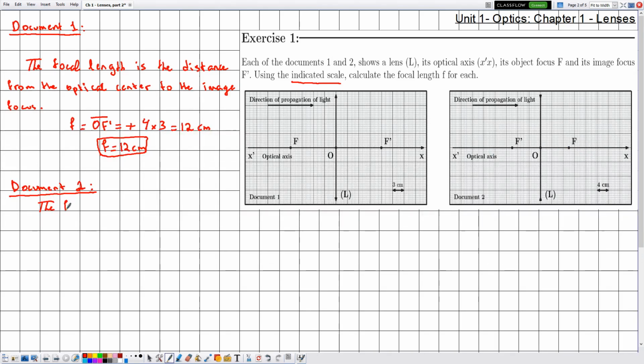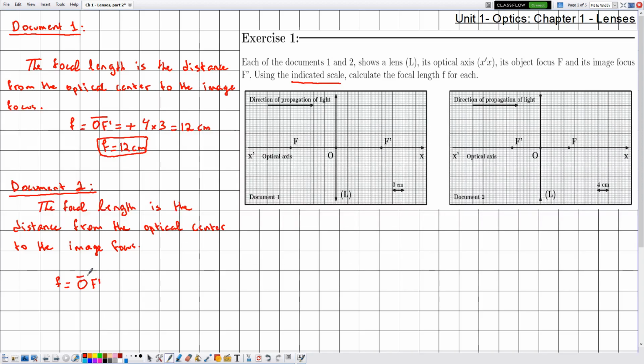The focal length is the distance from the optical center to the image focus. So the focal length is denoted by small f, and it is the distance from the optical center, which is the point O, to the image focus, which is the point F prime.